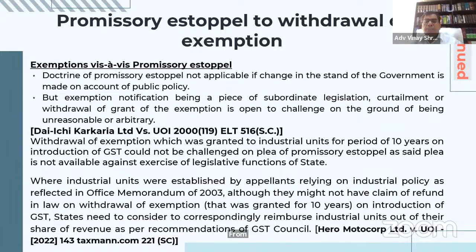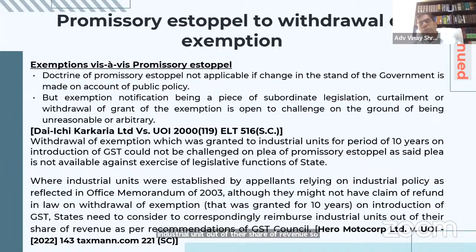But at the same time, it was said that where somebody has established the industrial unit on the basis of such a promise, the state should consider reimbursing such industrial unit out of their share of revenue.